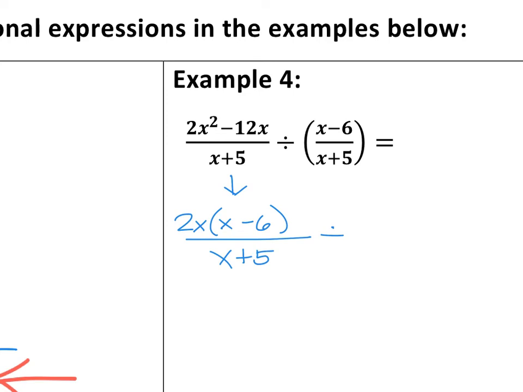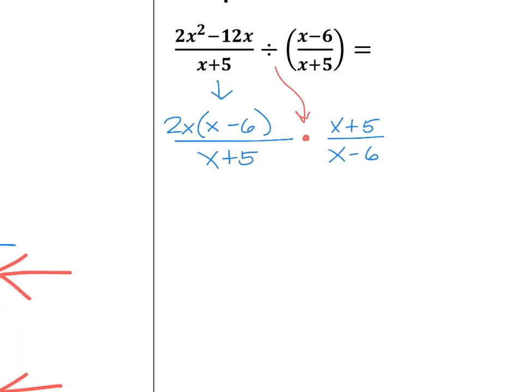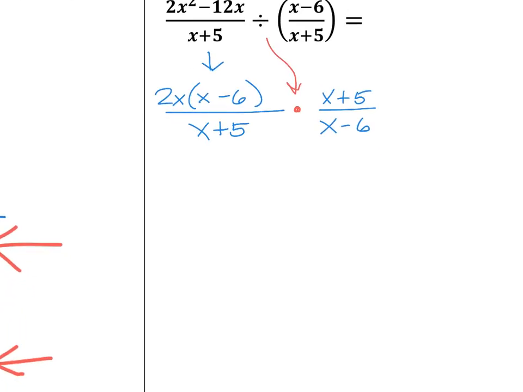Well, I guess we can probably go ahead and turn this into multiplication at this point, since I don't have any simplification to do. So I'm going to turn that division into multiplication, and now I'm going to take my reciprocal. So the x plus 5 goes on the numerator, the x minus 6 is in the denominator, and now we can start doing our multiplication all across.